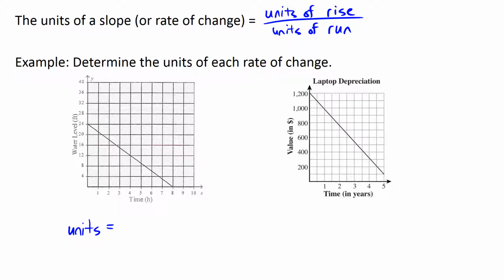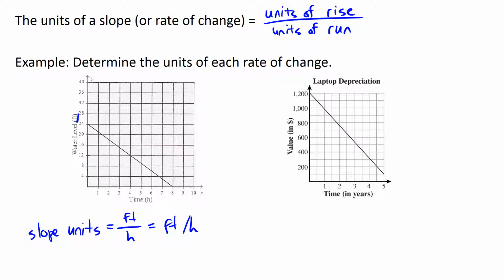Starting with the one on the left, the units of the rise are feet, and the units of the run are hours. So the slope units are just feet over hours. We'd often write this and say this as feet per hour.